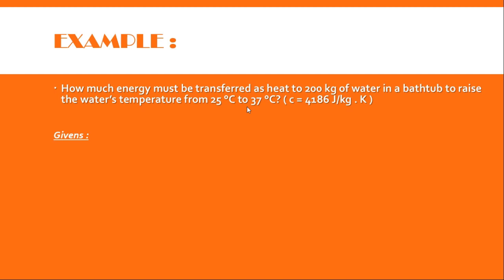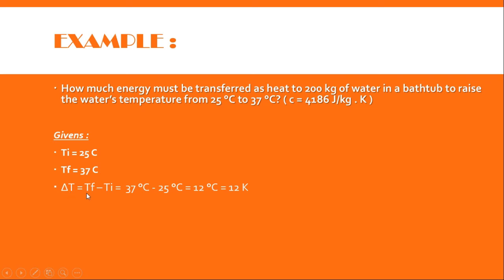First of all, the givens. The initial temperature is 25 because they said from. From always means initial. The final temperature is 37 because they said to. So I want to increase the temperature from 25 to 37. In the formula, I don't have initial and final; what I have is the change in temperature.